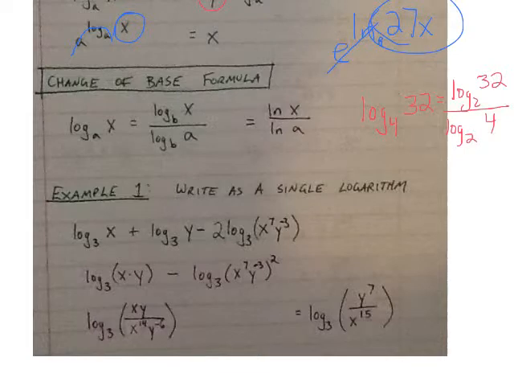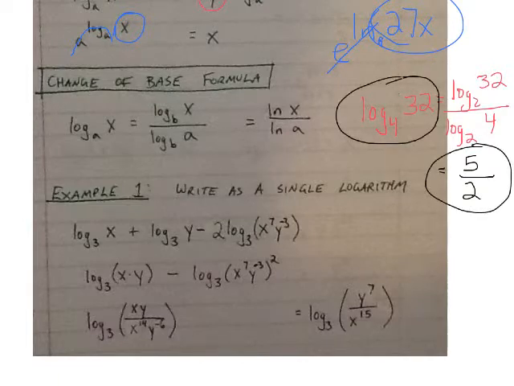And if I wanted to simplify that further, I know that log base 2 of 32 is 5, and log base 2 of 4 is equal to 2. So I've then been able to evaluate this to be 5/2. Very commonly we'll just write them in the natural logarithm, so we'll put it in base e.